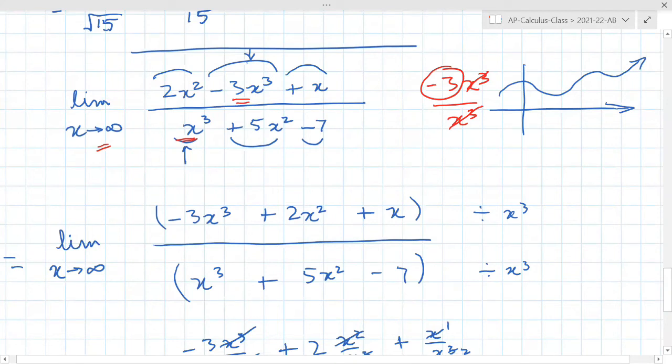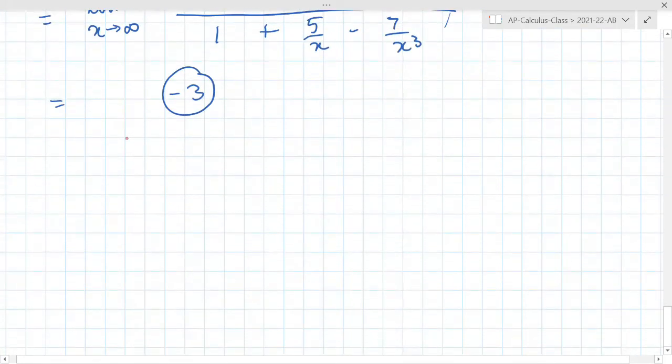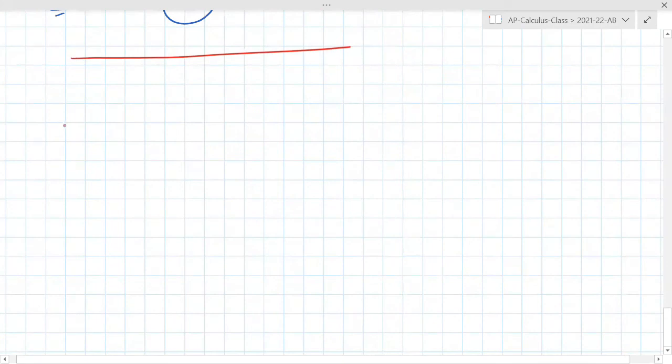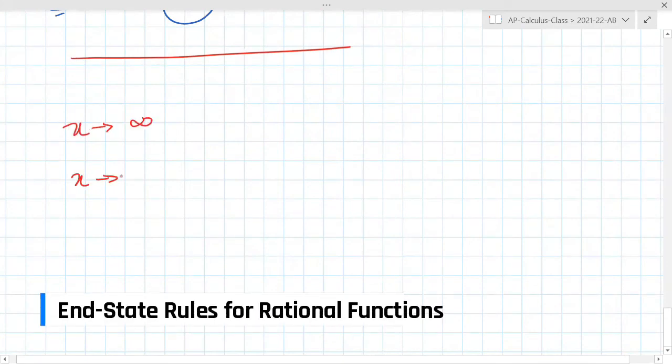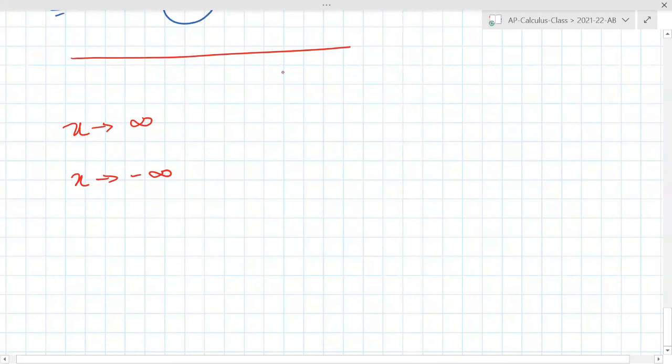And what can happen? There are 3 scenarios that can happen, right? When you're finding limits as x goes to infinity or x goes to negative infinity, and we have a rational function, right? So if you are looking only at the highest power term, you may get something like 2x cubed over 3x cubed, right?